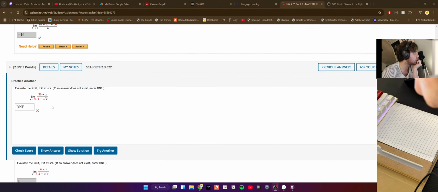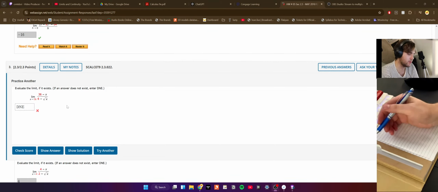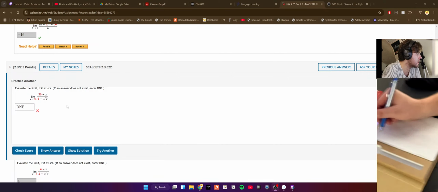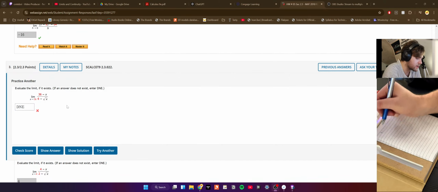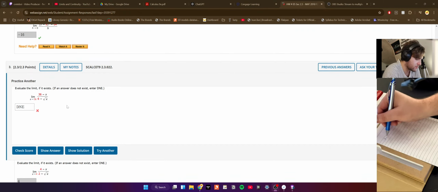So 36 minus x over 6 minus the square root of x. Can we square root the top real quick and then get 6 minus square root of x? No, we can't.